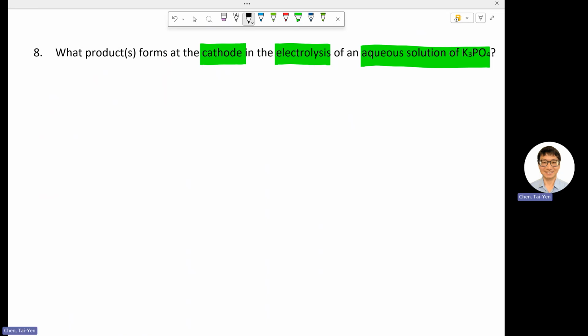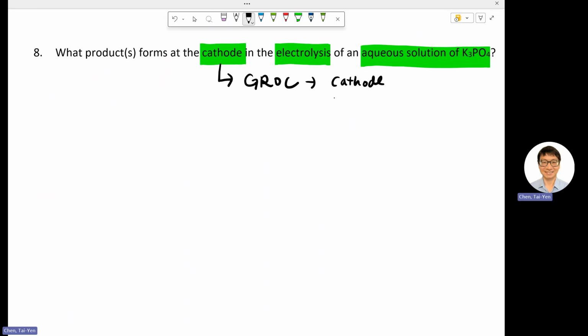So why are these keywords? Because it's actually about your cathode, right? The thing you're looking for is what? GROC, right? GROC means that what happens at the cathode is a reduction reaction. Therefore, you need to compare. First, let's try these things. Okay, cathode.